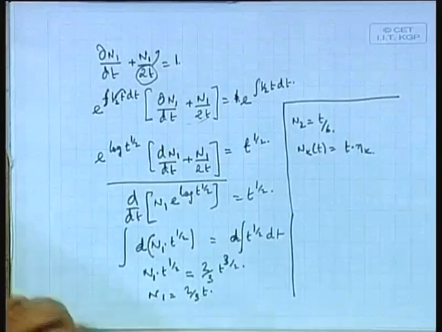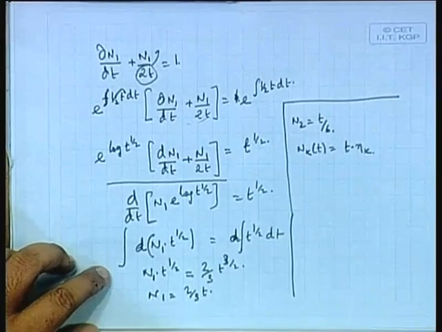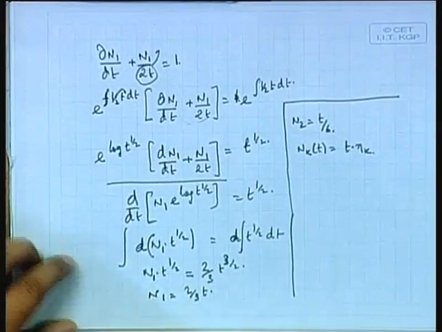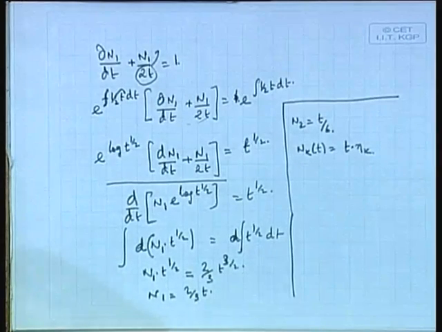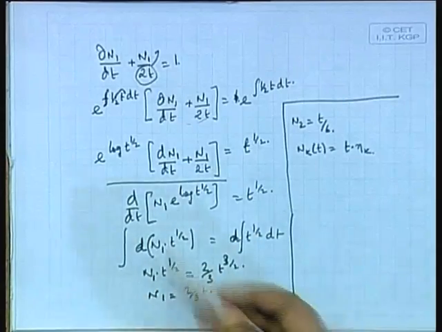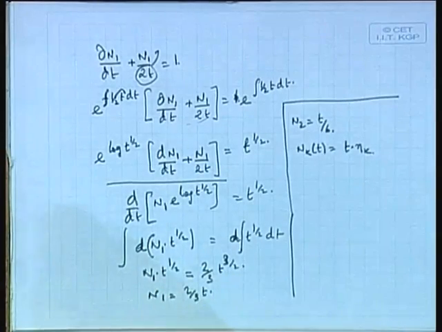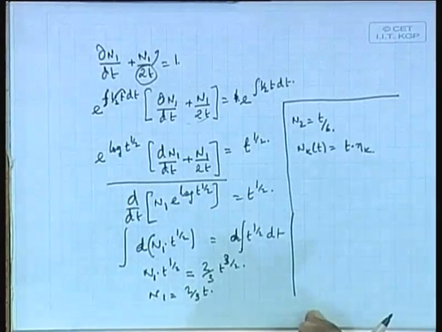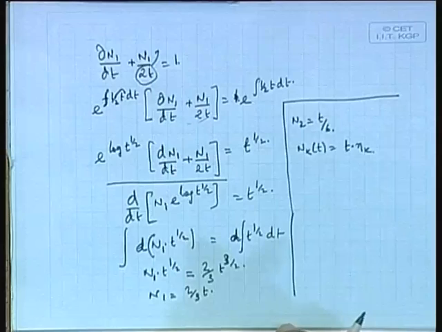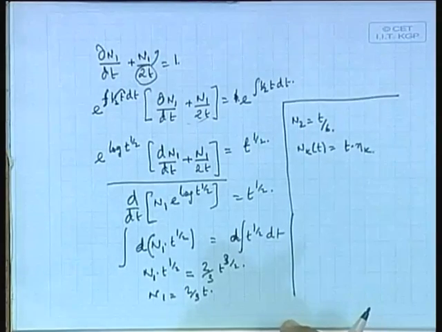There is an integration constant, but you can take a suitable one and show that it comes. If it is 0 to t, this comes, with the same thing that n0 is 0.